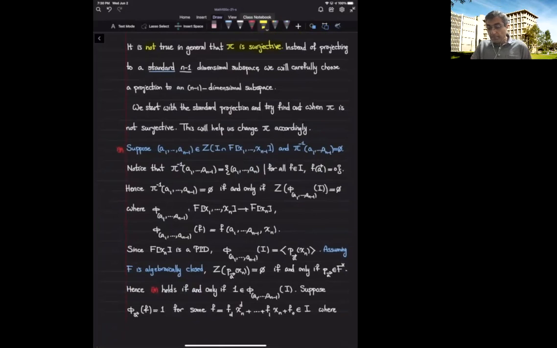So our standing assumption at the moment is that this pi is not surjective. That means we have managed to find a common zero of I intersected with the ring of polynomials with one less variable, but this element is not inside the image.